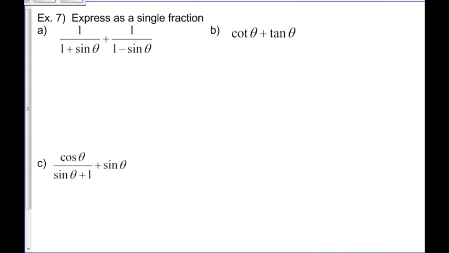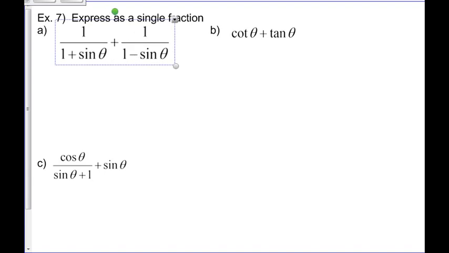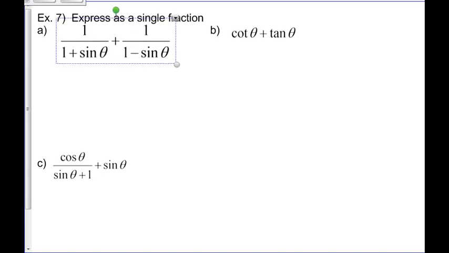Okay, expressing as a single fraction. That typically means find a common denominator. So over here we have 1 over 1 plus sine plus 1 over 1 minus sine. If I want a common denominator, I'm going to have to rewrite the whole thing. 1 over 1 plus sine theta.